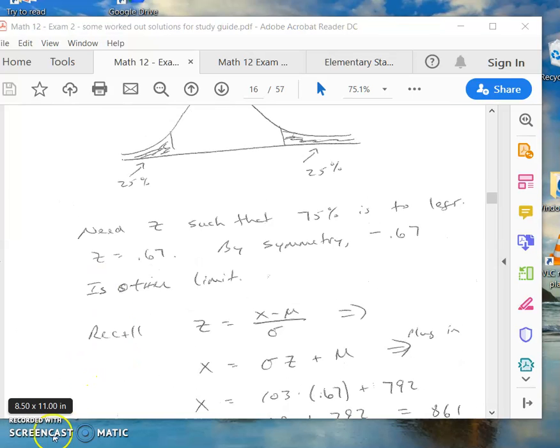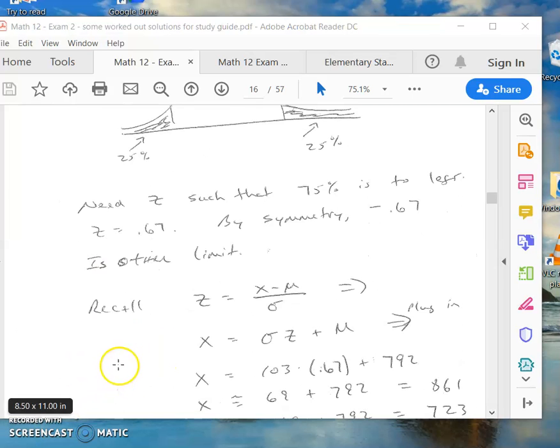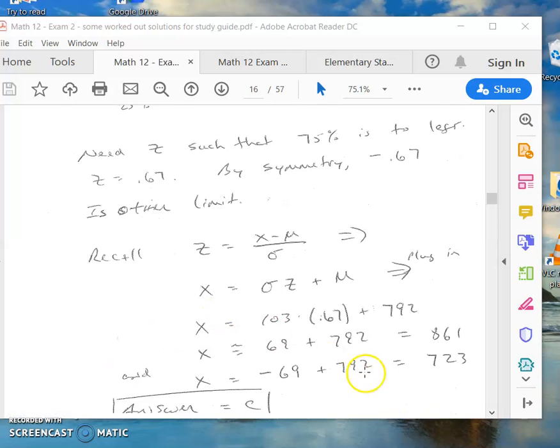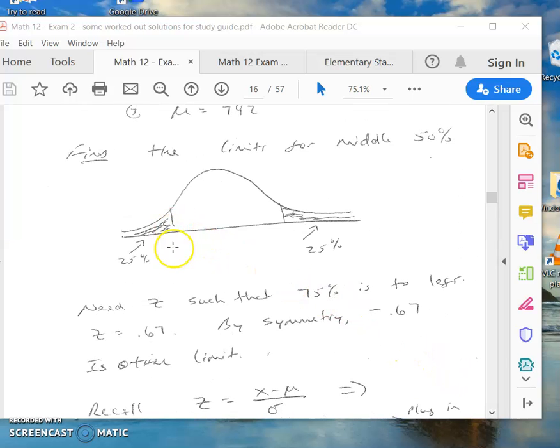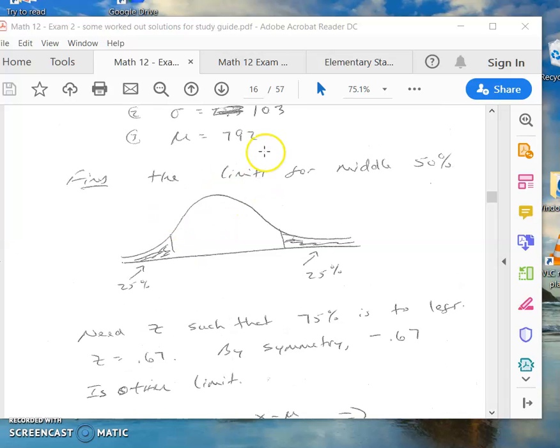Okay, sorry, I had a little technical difficulty there. Where I was at was you have the two different values for X here. When you crank everything out, you've got 861 and you've got 723. So 723 is over here. The mean is 792.